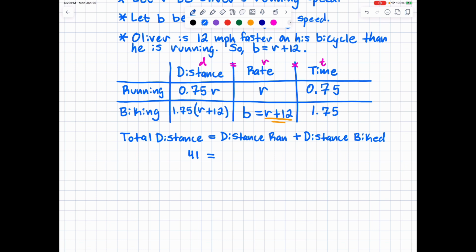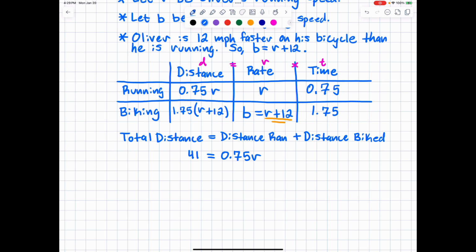Now that's going to equal the distance that we ran, but we found that already. We found that right here. That's the distance spent running. So that means that the distance ran is 0.75 r.